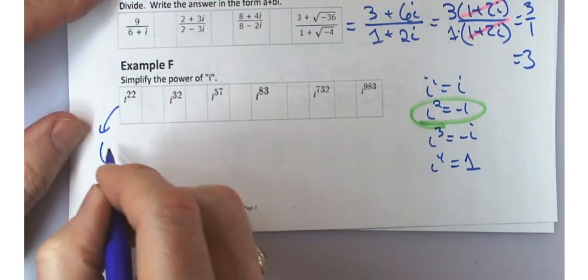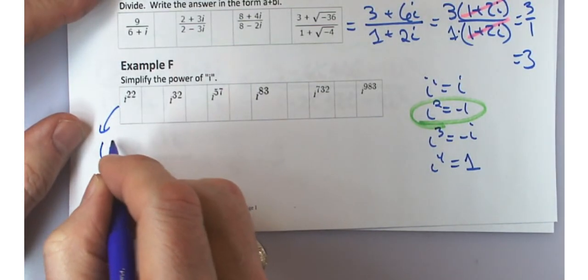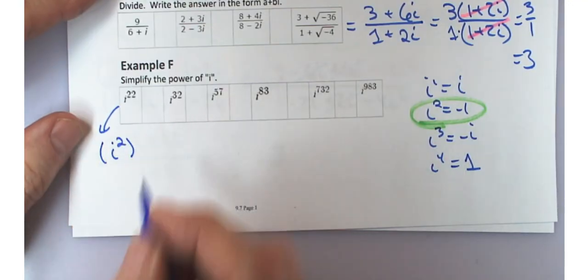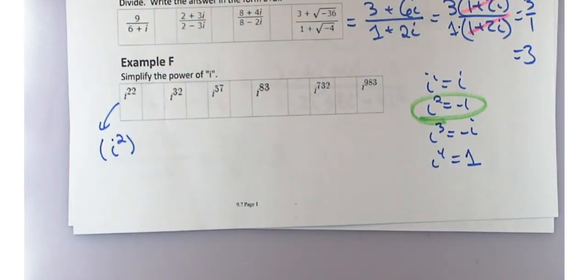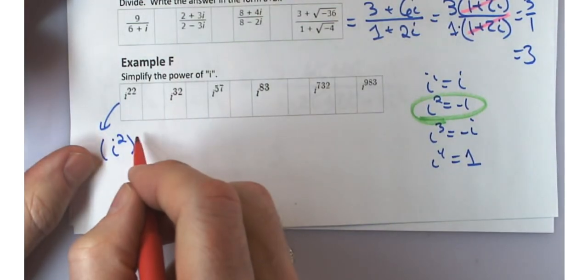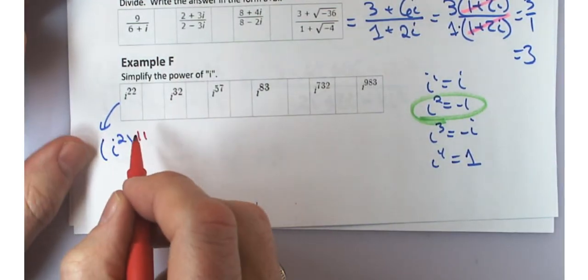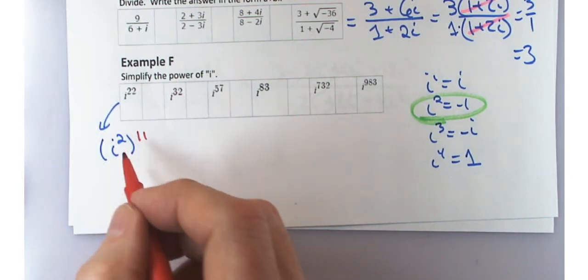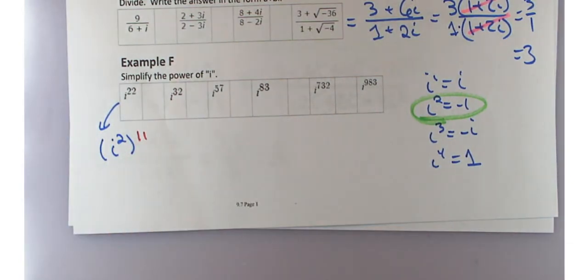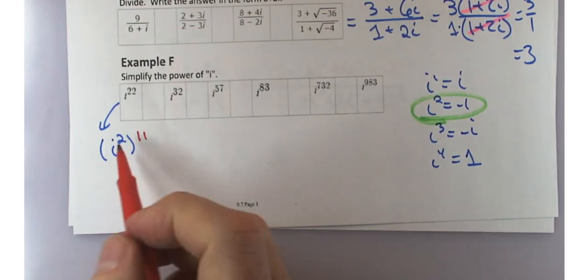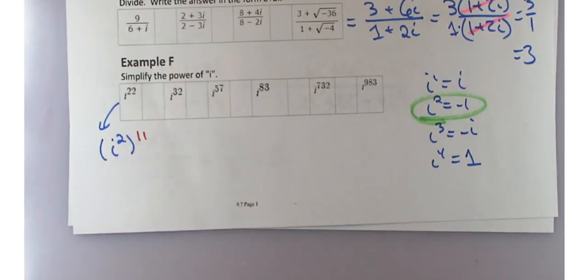Well, i to the 22 is really i squared to some power. Now, what power should I put out here? 11. Because 11 times 2 is 22. You okay with that? So I just rewrote it using i squared.